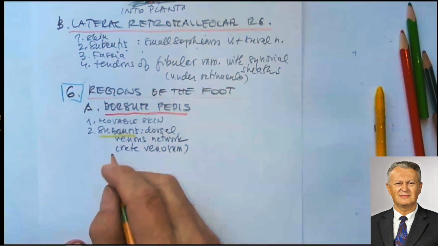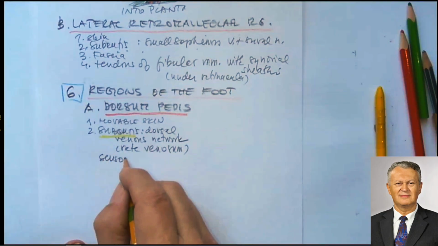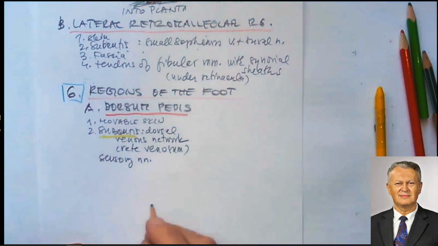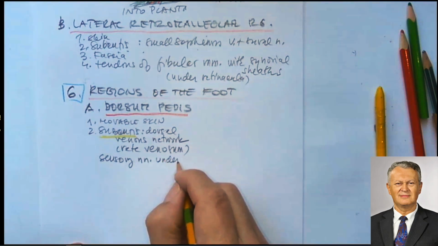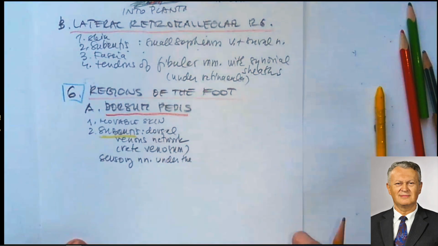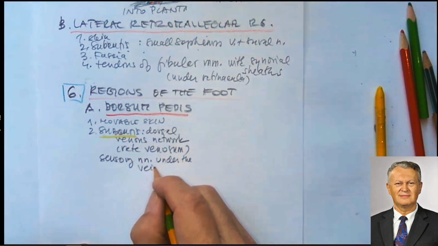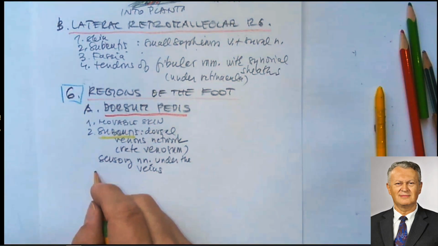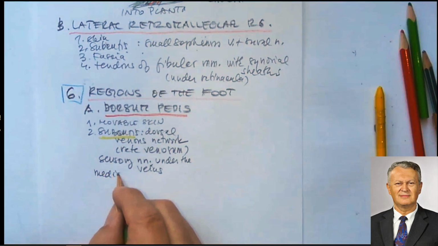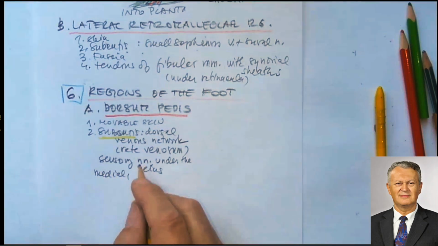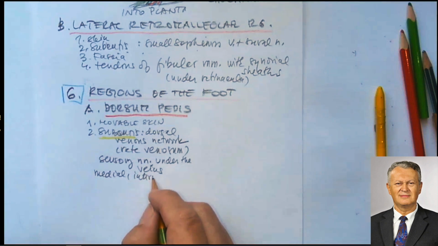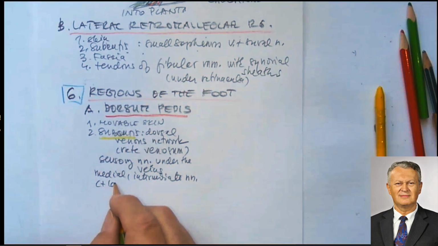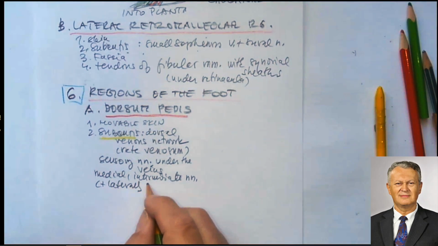And then the nerves, sensory nerves that descend. They usually run under the venous network, under the veins, and they are called medial, intermediate, plus laterally also sural.